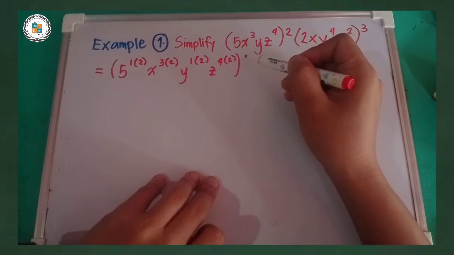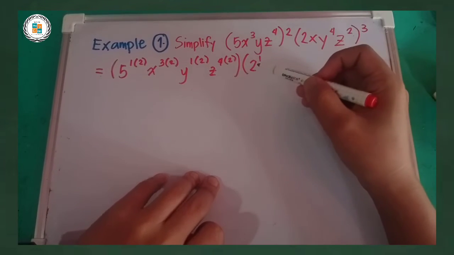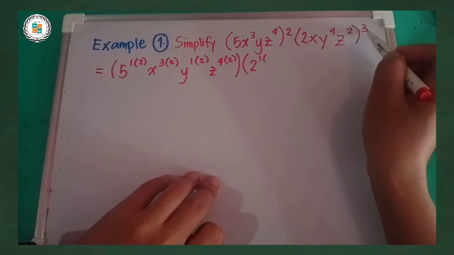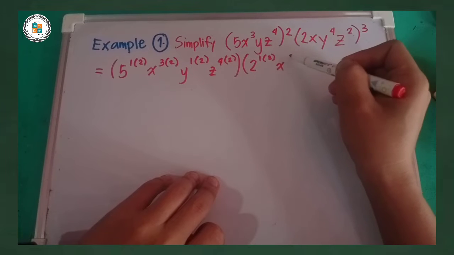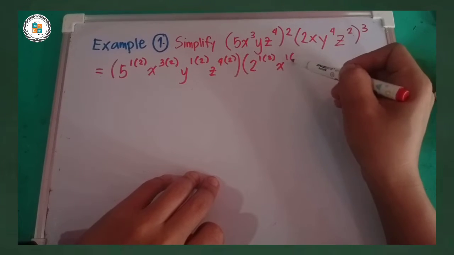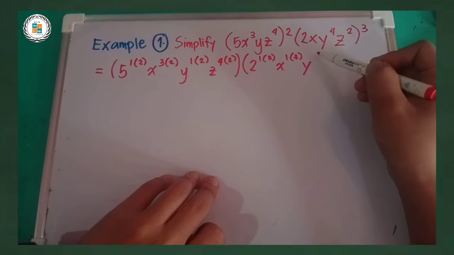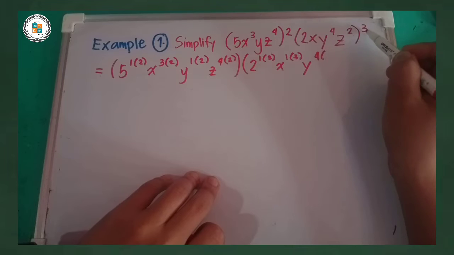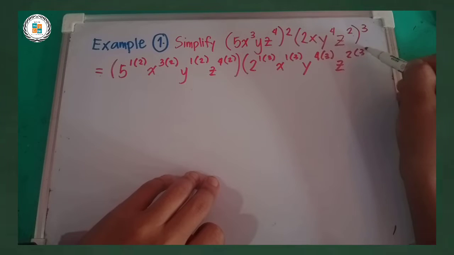Then 2, which has an exponent of 1, times 3, followed by x, which has an exponent of 1 again, times 3, followed by y raised to the power of 4 times 3, and z raised to the power of 2 times 3.